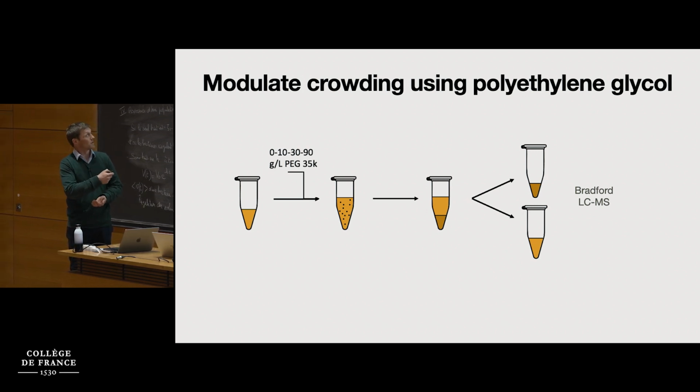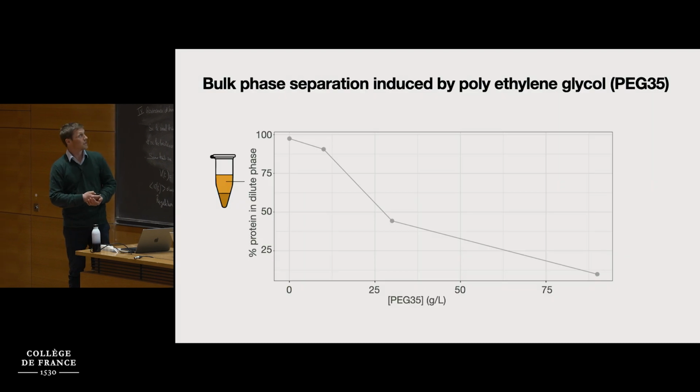For this, we took different concentrations of PEG, separated the dense and the dilute fraction, and then submitted this to mass spectrometry. And so this is the bulk protein phase separation that we get. This is where we did the LiP-MS analysis before, where we get almost none of this bulk phase separation, but if you increase, you rapidly get to 50% and so on.